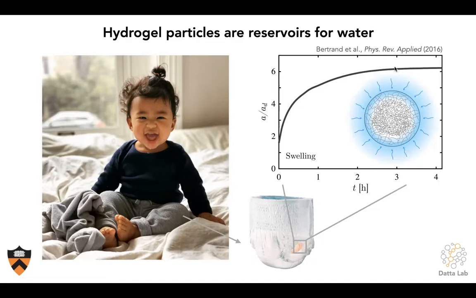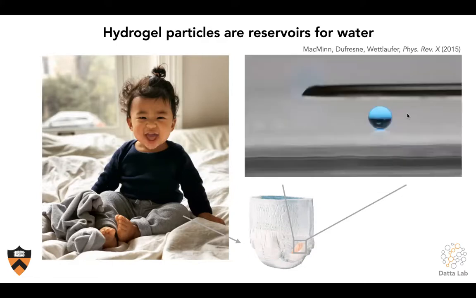Eventually, the polymers get so stretched out that the elasticity of this particle limits its further swelling, and so then it plateaus. And so this is how hydrogel particles swell up and absorb tremendous amounts of water. They can absorb many, many times their individual dry mass in water and hold on to it. This is why hydrogels are useful in diapers, in trapping water. This is why they're also very promising as water reservoirs in agriculture.